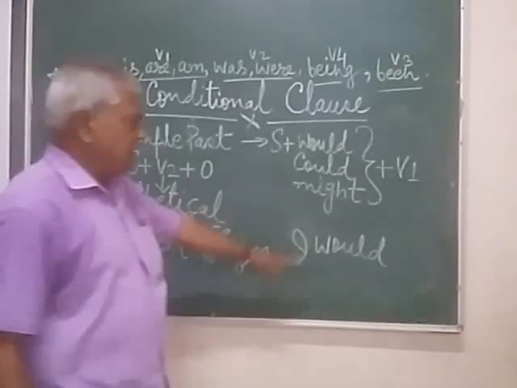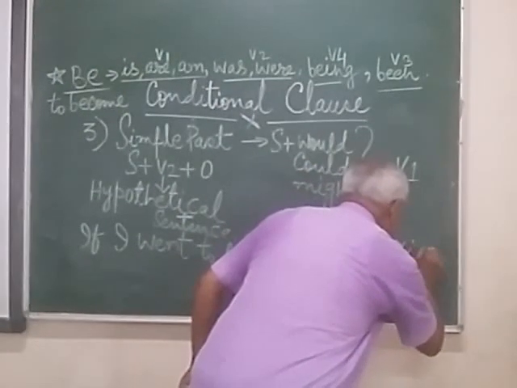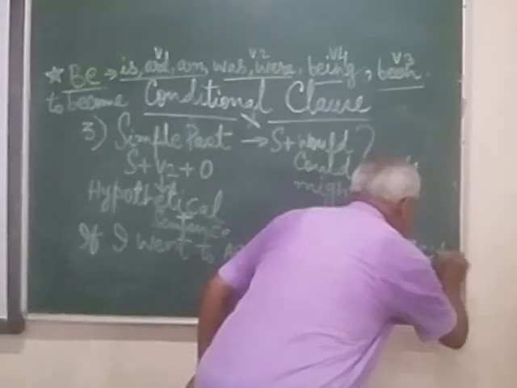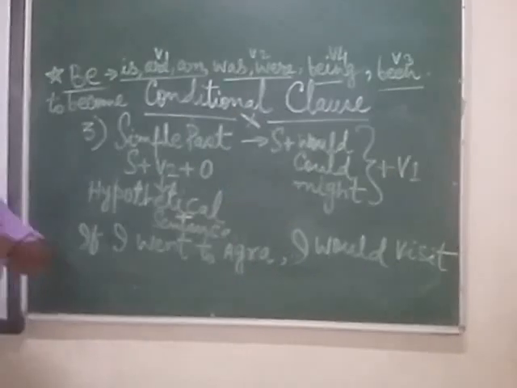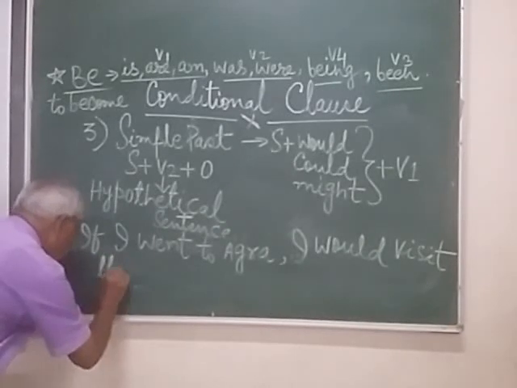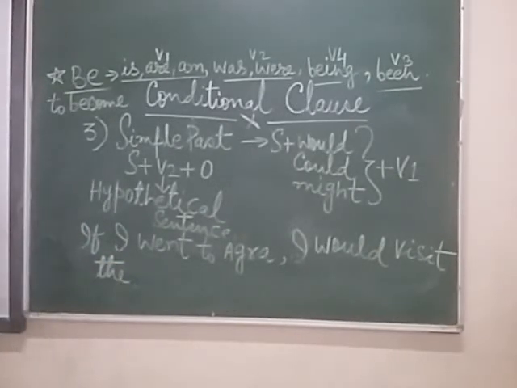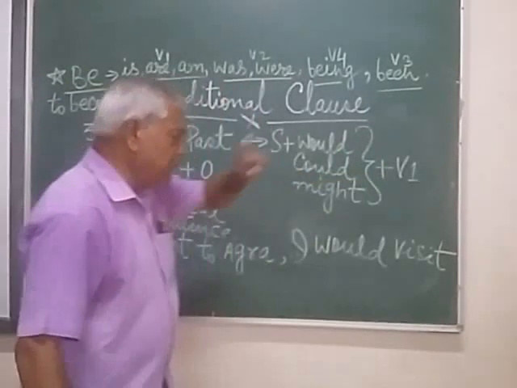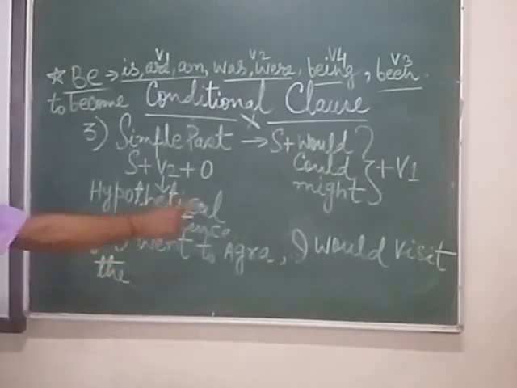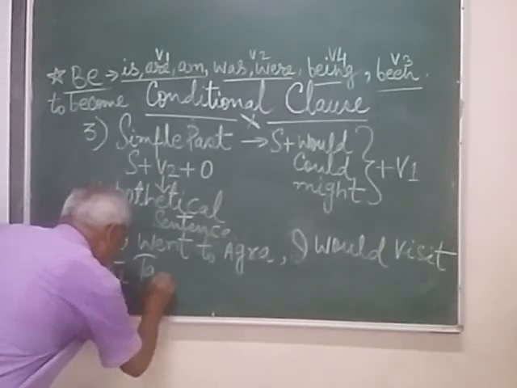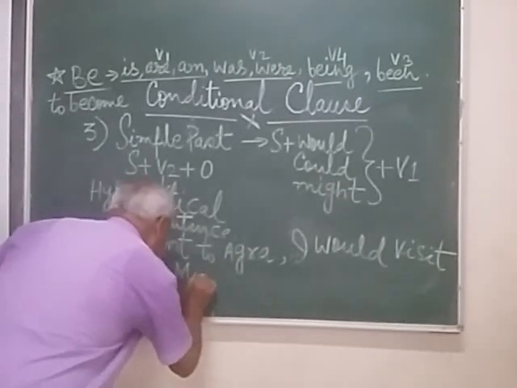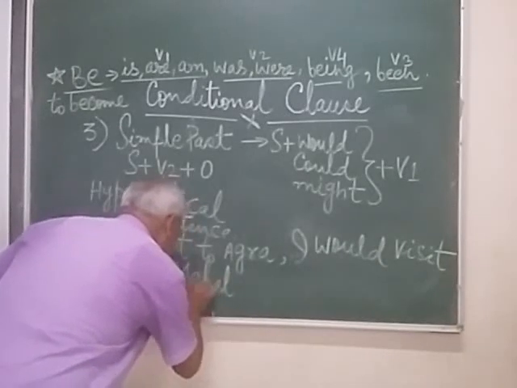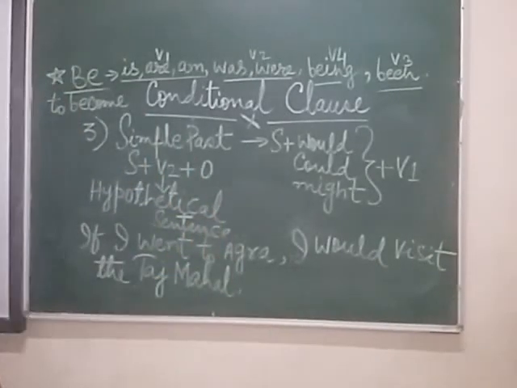I would, then after that V1. Visit, that is V1. Visited, that is what? Visit, that is V1. After using modals, V1 is always to be used. I would visit the Taj Mahal. So one sentence: if I went to Agra, I would visit the Taj Mahal.